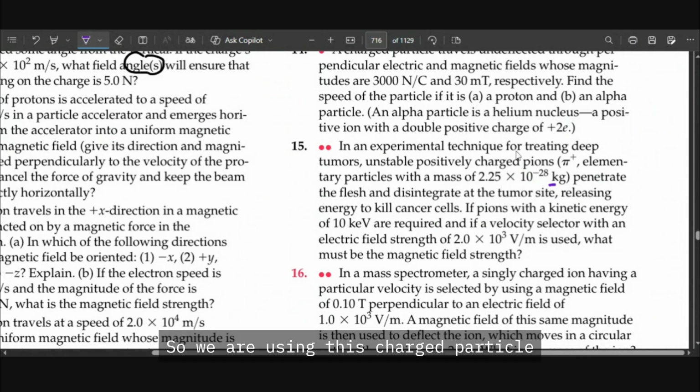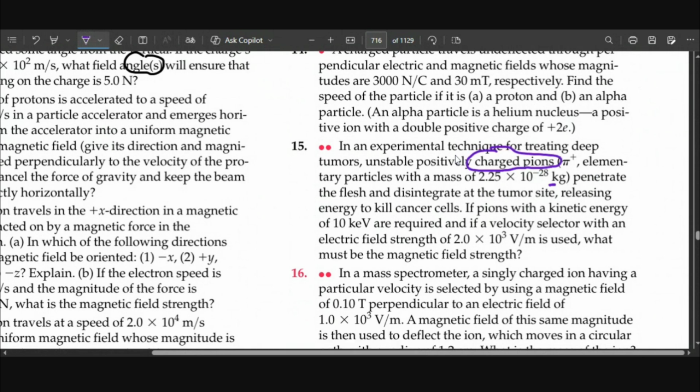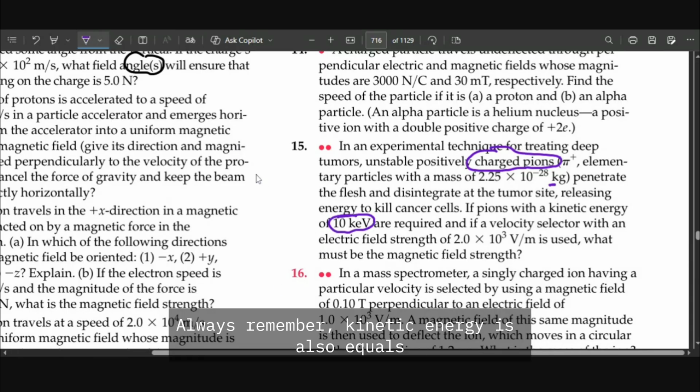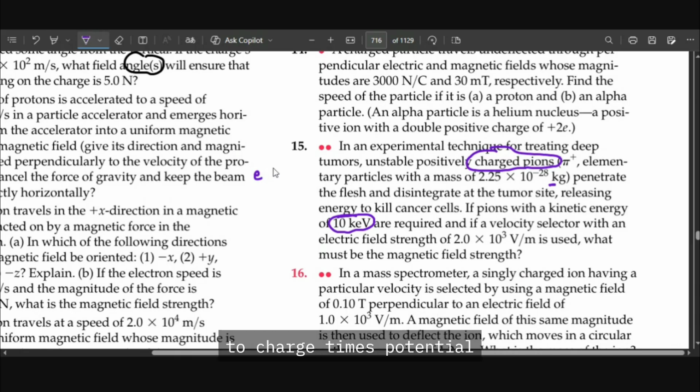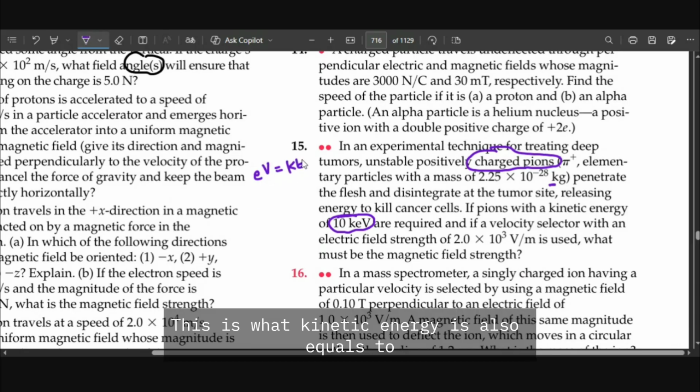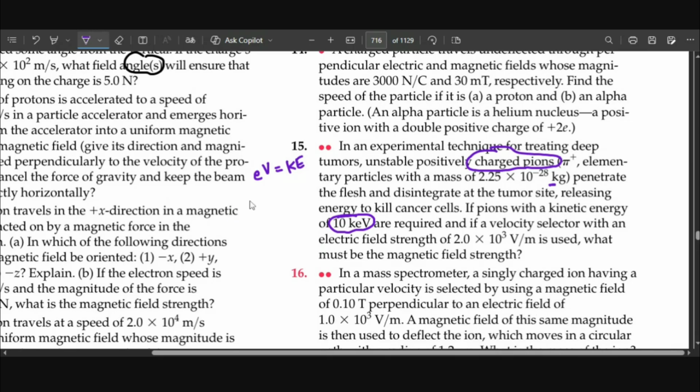So we are using this charged particle, which is called pi ion. So this pi ion with kinetic energy 10 kilo electron volts is required. So this is the kinetic energy. Always remember, kinetic energy is also equal to charge times potential.